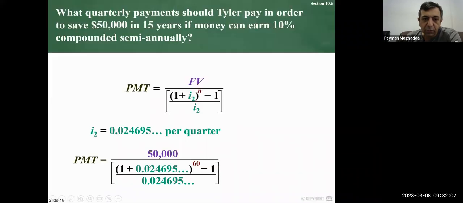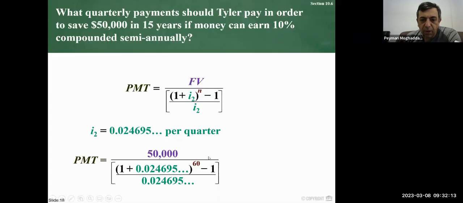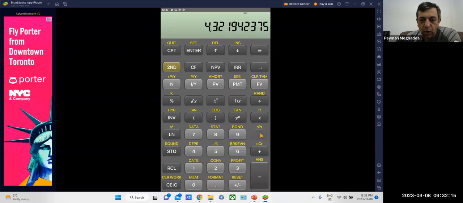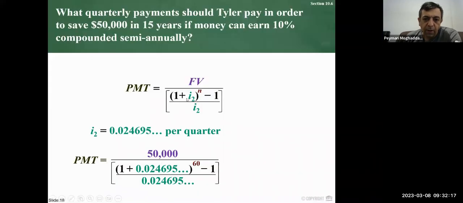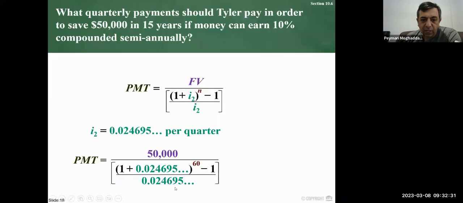This is going to be 1 plus I2 power of 60, equal to, minus 1, equal to. So that's going to be the whole numerator, divided by the denominator, which is going to be I2, divided by, recall 1, equal to. So that's going to be the whole denominator, okay?